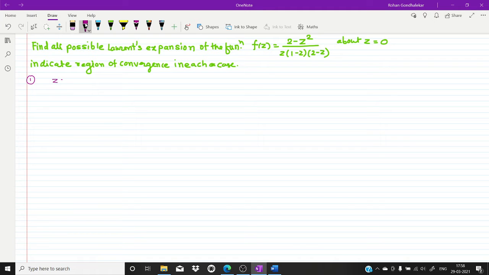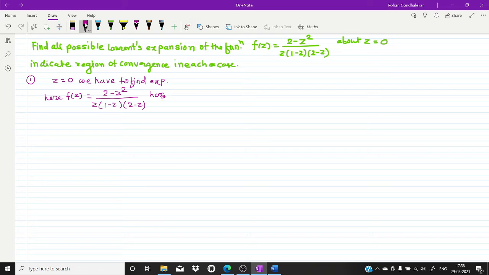So at z is equal to 0, we have to find the expansion. Now, what are the singular points? Here, f of z is equal to (2 minus z square) divided by z into bracket 1 minus z into 2 minus z.